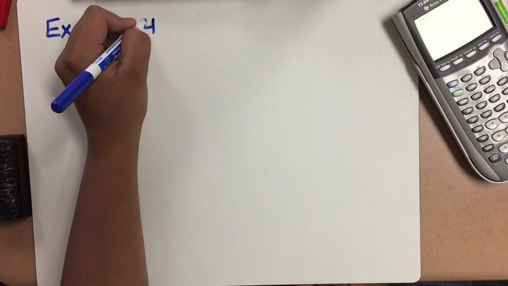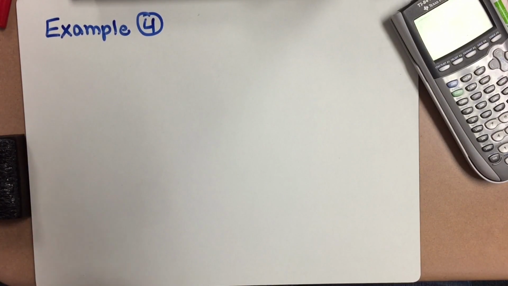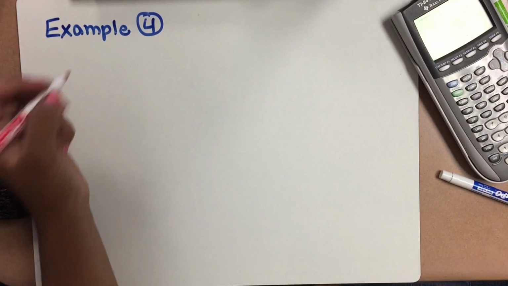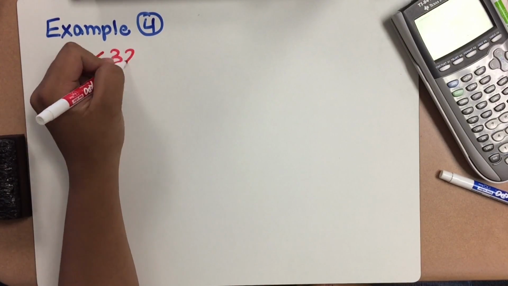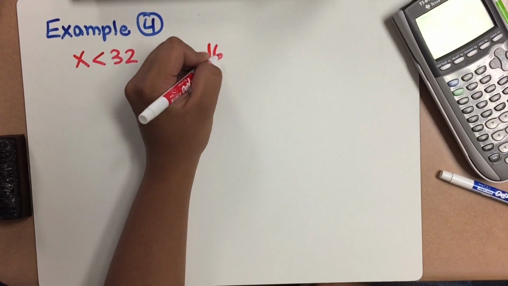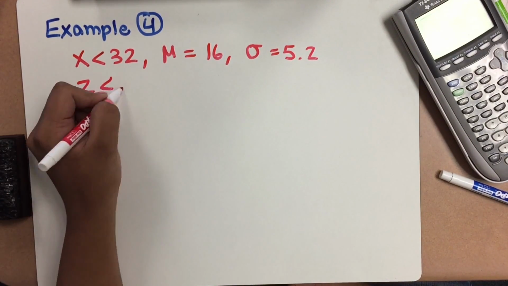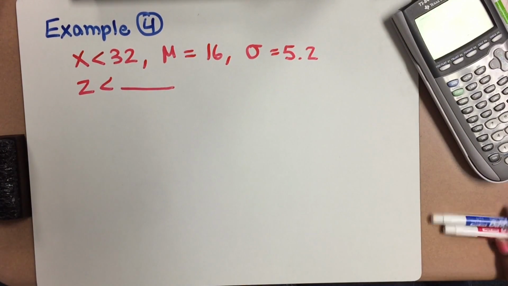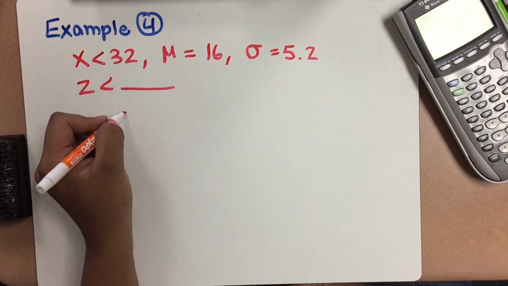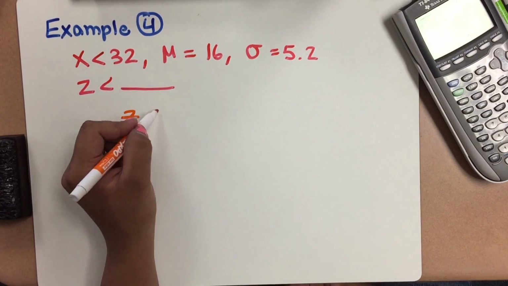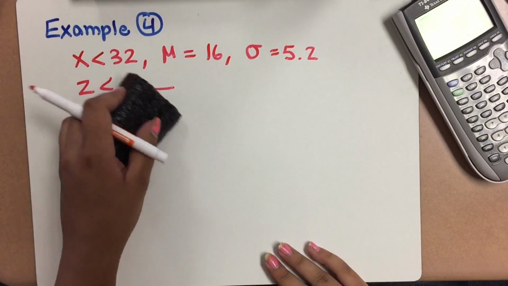For example 4, x is less than 32, the mean is 16, and the standard deviation is 5.2. First, you plug in the values into the equation.